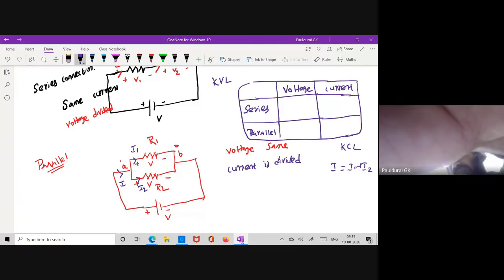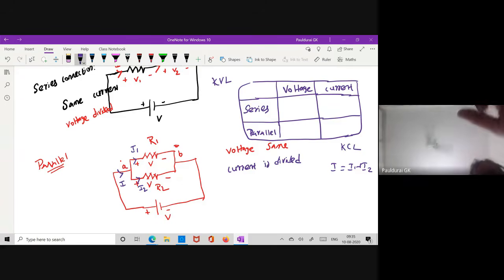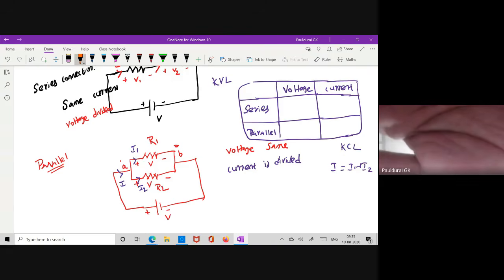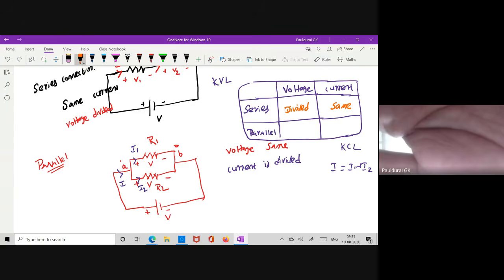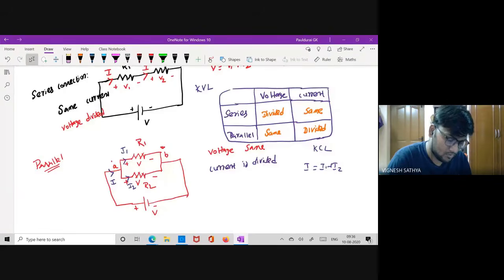Series connection, voltage will be divided, but current is the same. Whereas parallel connection, same voltage, current will be divided. Just to understand. So now you got the idea what is series connection and what is parallel connection, in terms of voltage and current.